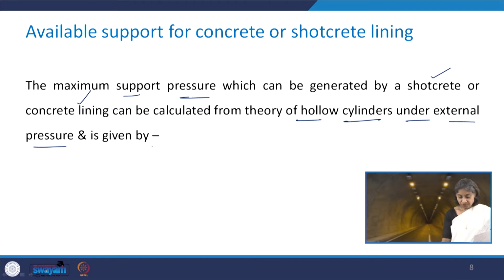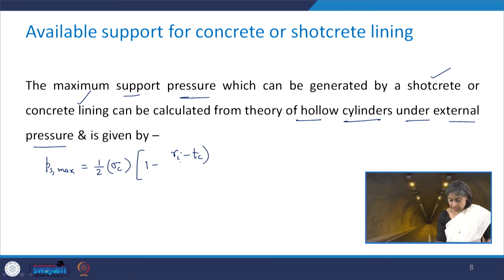which is PS max is equal to half sigma c into 1 minus (Ri minus Tc) whole square by Ri square, bracket close.